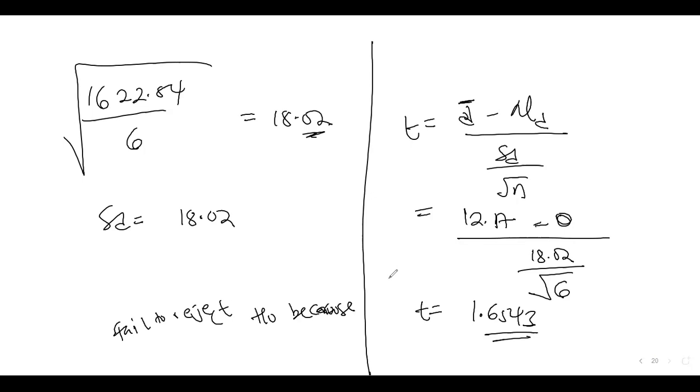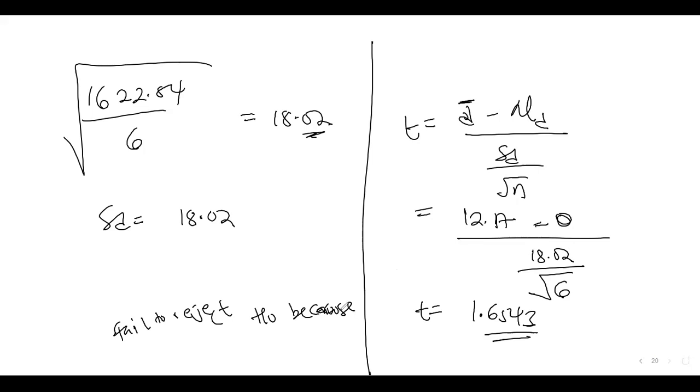Anytime the computed T is less than the critical T, we fail to reject. And anytime the computed T is more than the critical T, we reject. And this will even work for negatives. So when you get a negative value, all you need to do is find the absolute value, ignore the negative, and use it to make the decision. Because if you always want to draw, you will not finish.